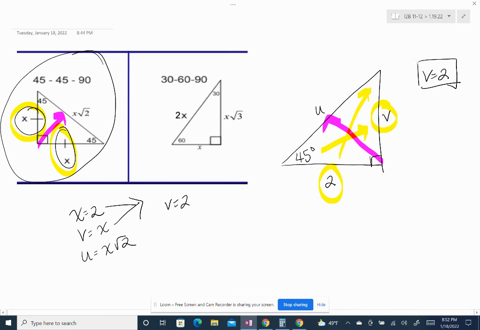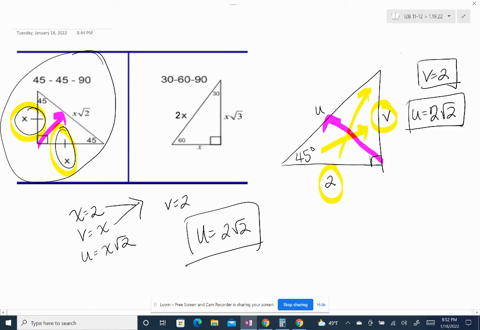So my V is equal to 2. The only thing I have left in this problem is looking for U. It says U is X square root of 2, so if I already know X is 2, it's going to be 2 square root of 2. And that is going to be your final answer. Way easier than doing the Pythagorean theorem. Saves a lot of hassle, saves a lot of stress. Okay, so there's that one. Let's take a look at another one.